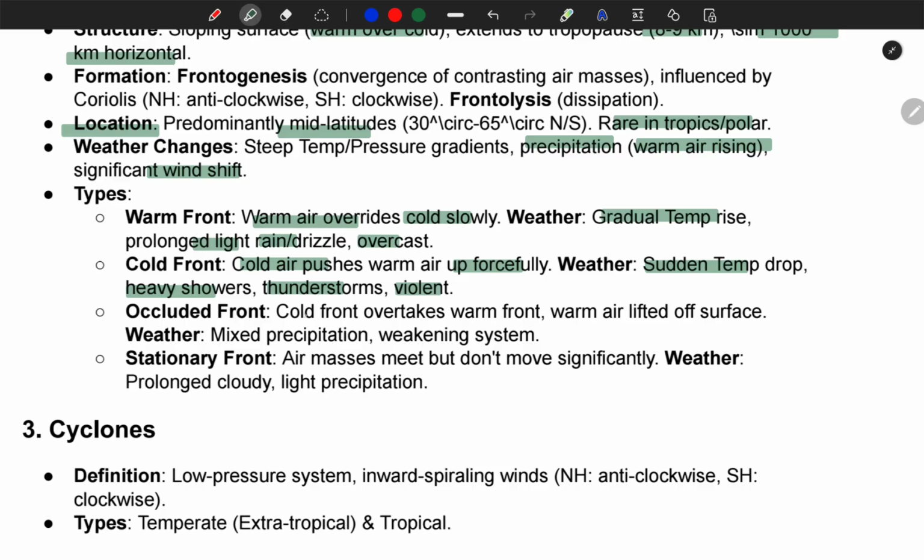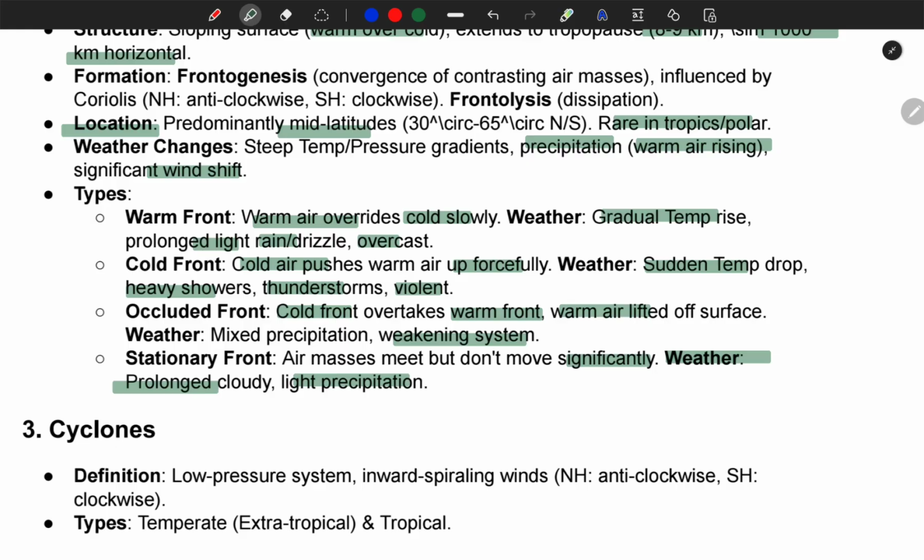Occluded front: cold front overtakes warm front. Warm air lifts off the surface. Weather: mixed precipitation, weakening system. Next is stationary front: air masses meet but don't move significantly. Weather: prolonged cloudy, light precipitation.